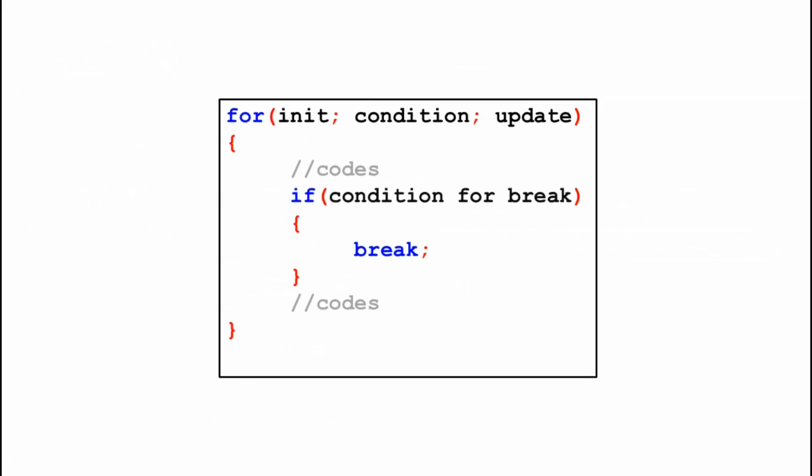In this example, we have a for loop, and inside it there is an if condition. The moment the condition for break becomes true, the program will move inside the if statement and will encounter break. Now, the program will move from this line to the end of the loop.